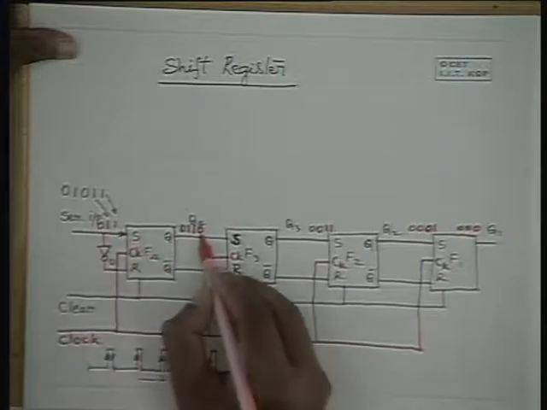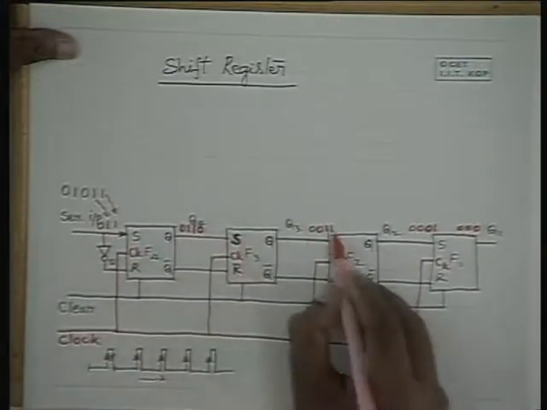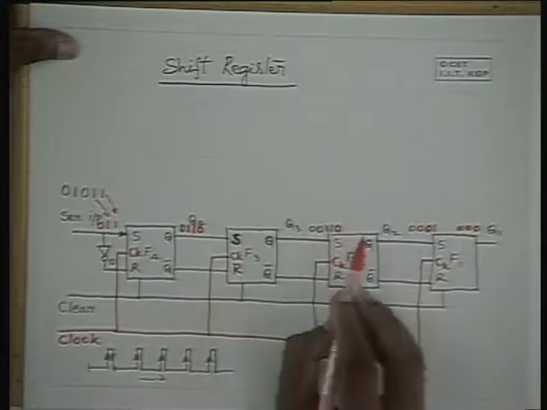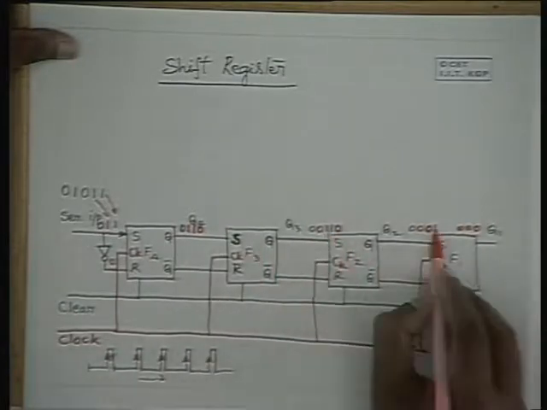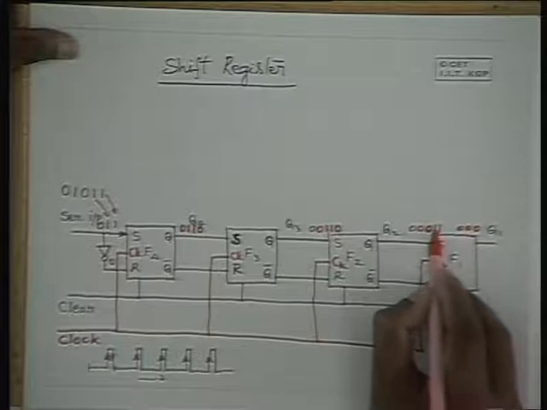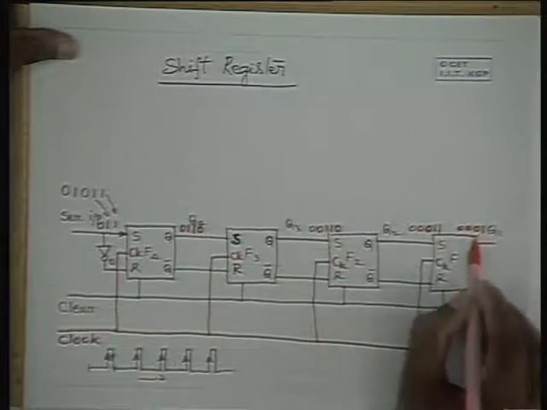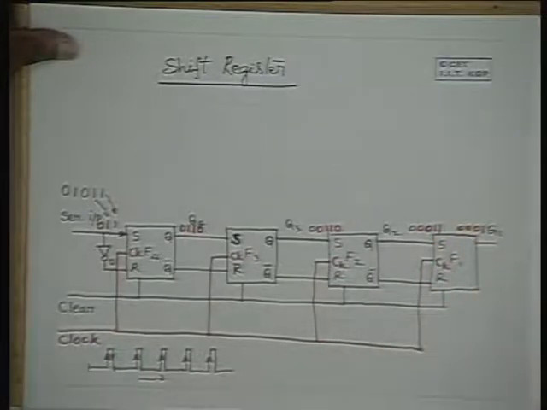So this 0 got transferred here, and this 0 will get transferred in the next instance, and this one gets transferred during this instance, and the first one gets transferred now during the fourth clock pulse duration.